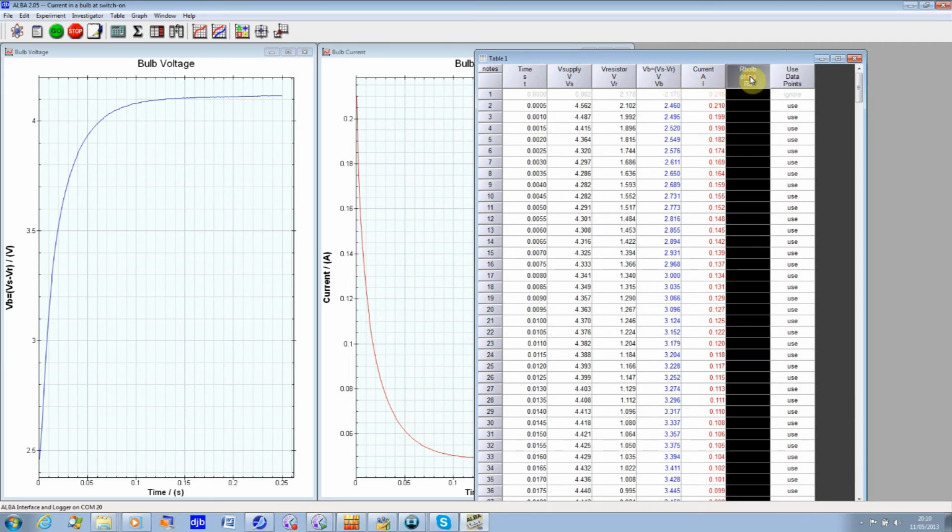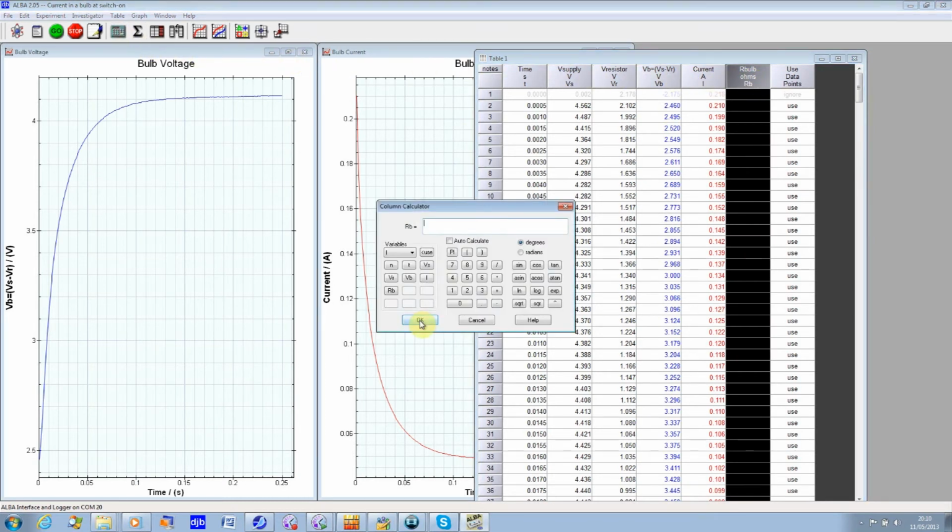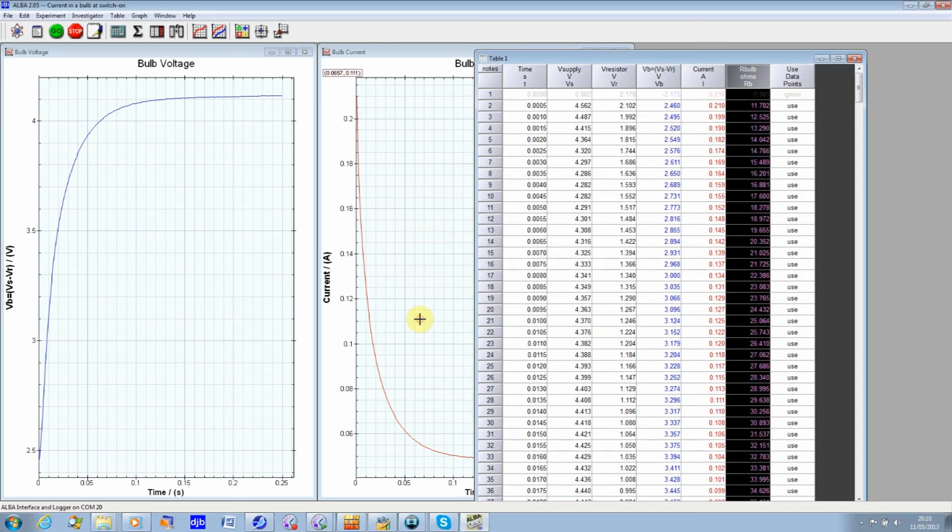So I select this column and I'm going to do a calculation. So I go to my column calculator, and the resistance of the bulb is equal to the voltage across the bulb divided by the current through the bulb. You can type these or you can press the buttons. Okay, and I have my resistance values here.